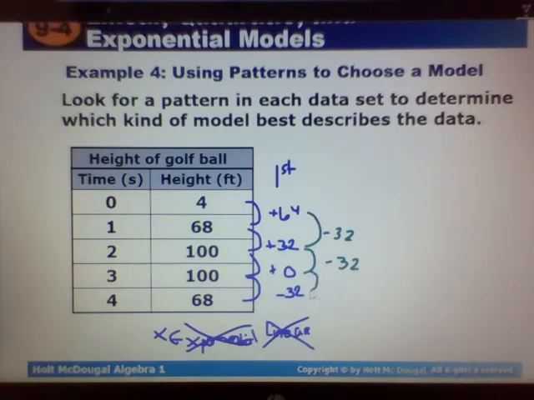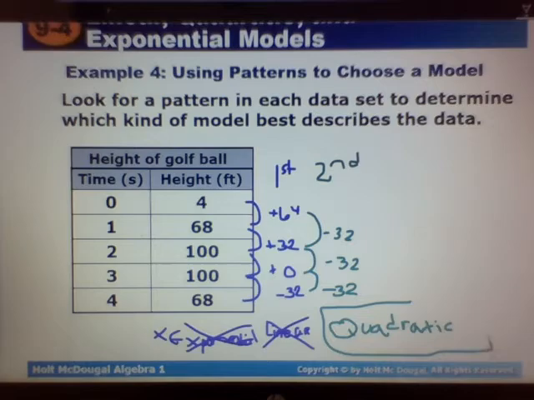And between 0 to negative 32, I subtract 32 as well. And so notice that those are our second differences. And that means that we now have something that is quadratic because they are all the same. If one of them was like a 33 or something, we would not be able to say quadratic. We'd say nothing.